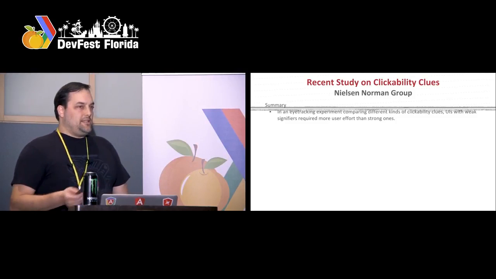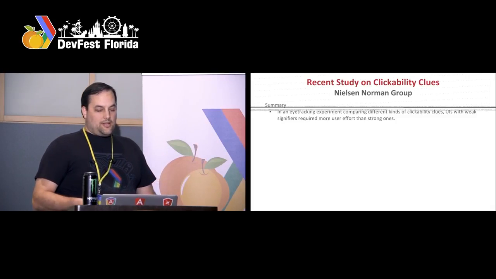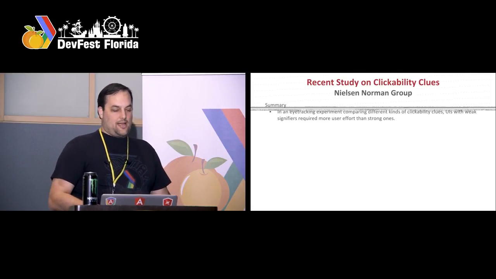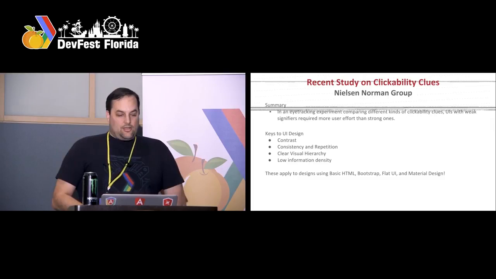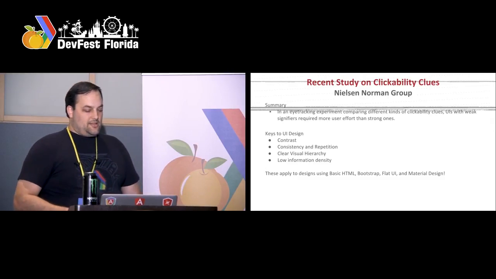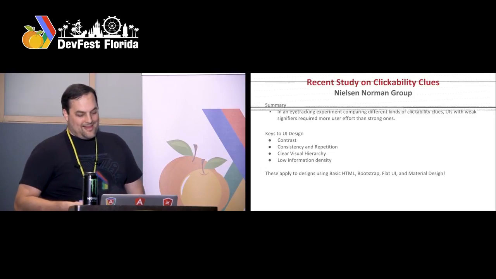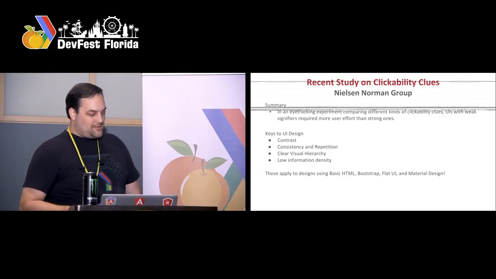So if you read deeper into the article, you'll find that the eye tracking research actually confirmed the importance of a number of key design guidelines. So if you're building user interfaces and you haven't embraced the acronym CRAP yet, I highly recommend you look at it. So it stands for contrast.